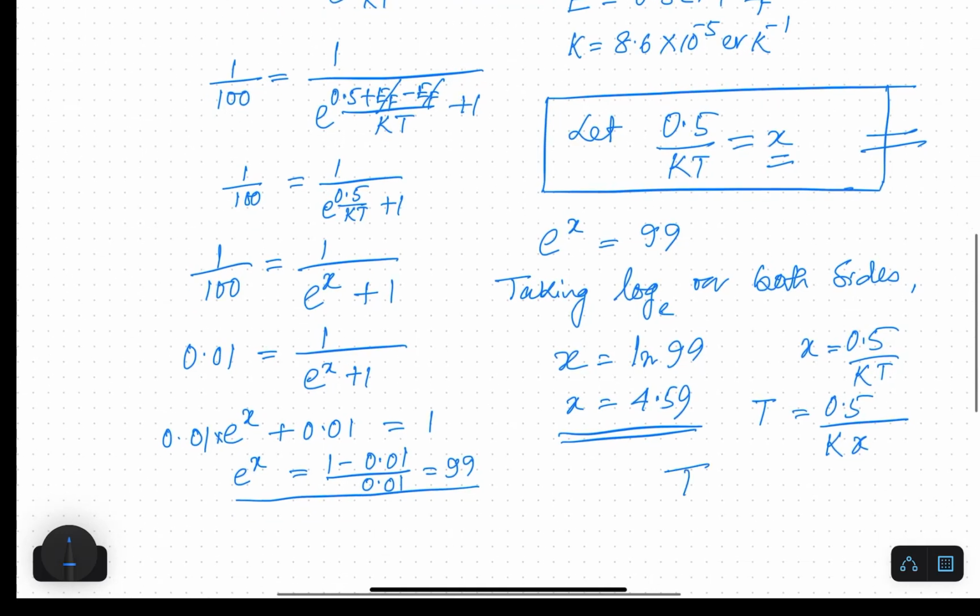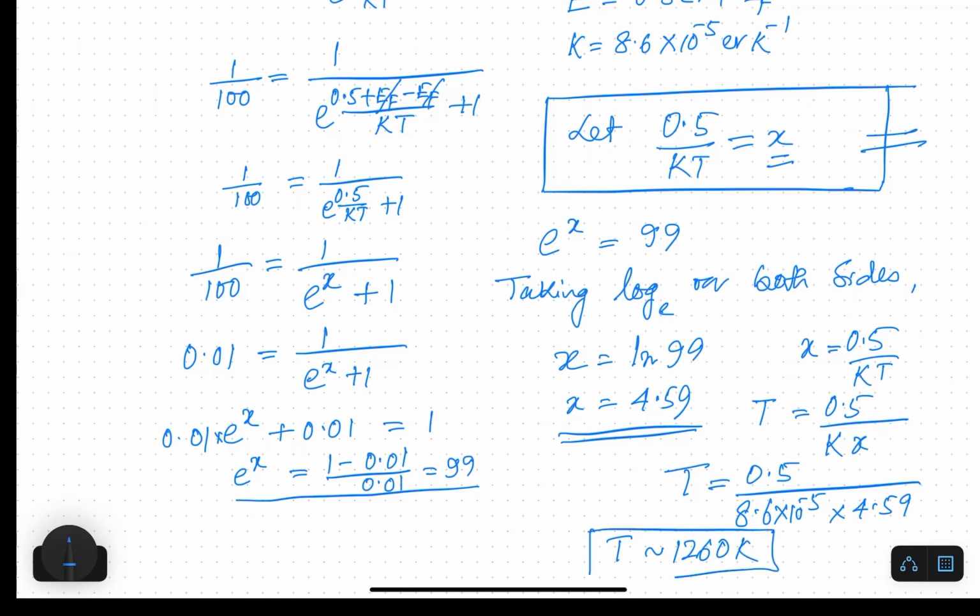T equals 0.5 into the Boltzmann constant, which is 8.6 times 10 raised to minus 5, into 4.59. The temperature is roughly 1260 Kelvin. So that's the answer.